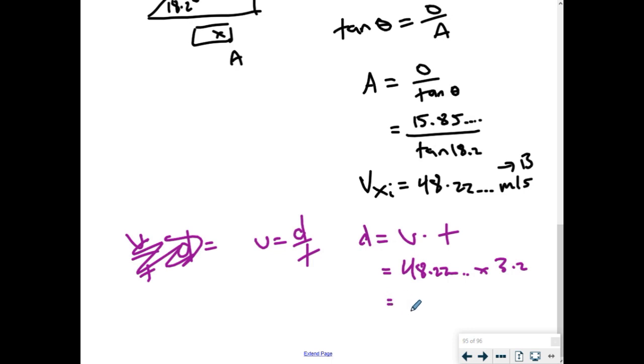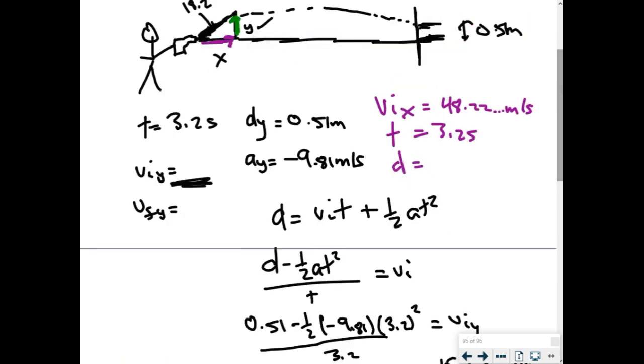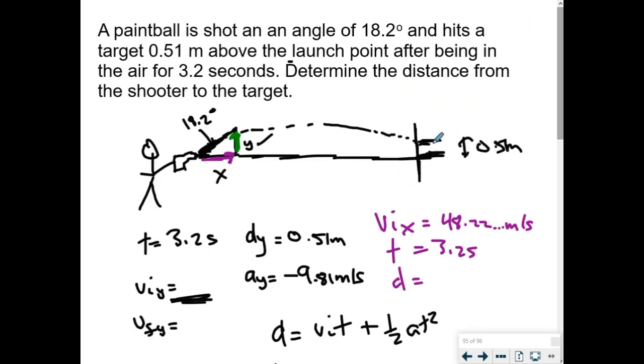So if I take letter B in my calculator and multiply it by 3.2, I have a distance of 154 meters. So that means that it must have only gone up a height of half a meter, but it traveled a total raw distance of 154 meters. However, that's not actually right. The reason is that these two numbers only have 2 sig digs.